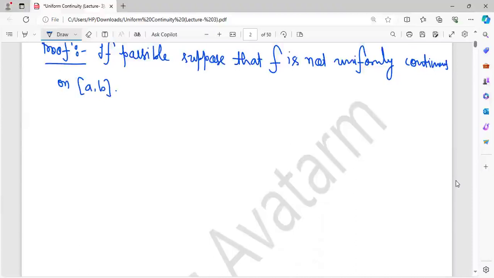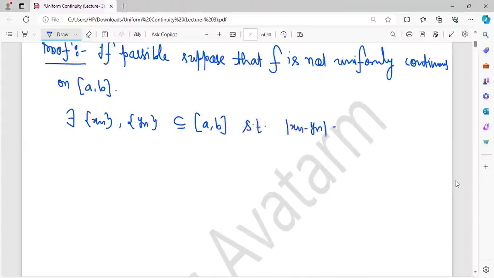It means that there exist two sequences such that xn minus yn tends to 0, but f(xn) minus f(yn) does not tend to 0.